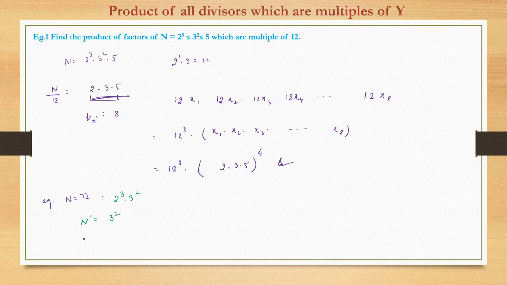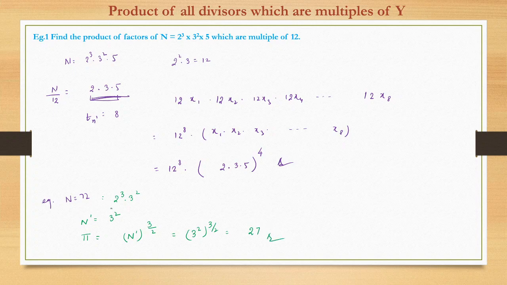So the product of factors would be how much? The product of such factors would be n dash raised to power number of terms. The number of terms is how much? 3 by 2. n dash is 3 square. 3 square raised to power 3 by 2, that is 3 raised to power 3. 27 is the answer.